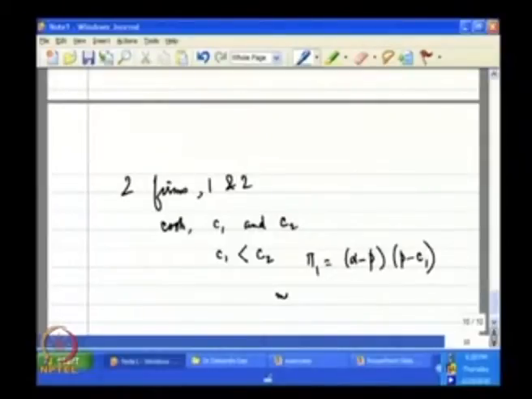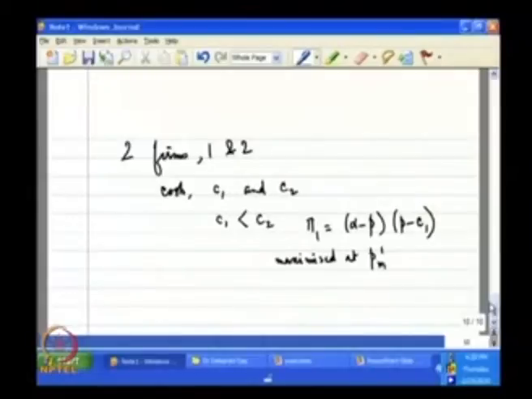This is maximized at PM1, and we know that C2 is less than this PM1. This is given. We further know that this function is increasing in P up to PM1, which you have seen before.